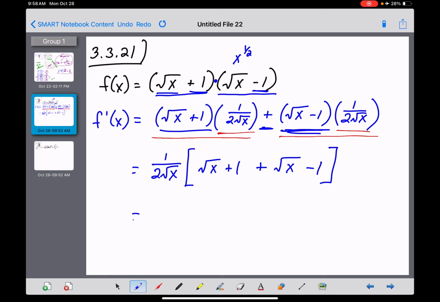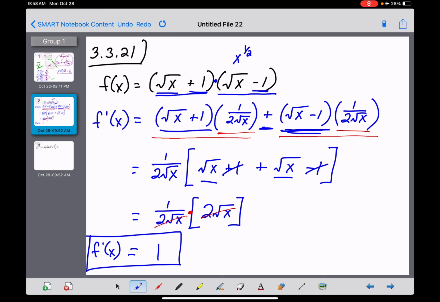Okay, so now what I hope we notice is that inside those brackets, the plus 1 and the minus 1 cancel each other out, and we end up with a 1 over 2 root x, and then multiplied by root x plus root x is going to be 2 root x. And that's interesting now, because what I notice here is that my fraction's denominator, 2 root x, is exactly the same as what it's being multiplied by. They're just going to cancel each other out completely, and we're going to end up with our final answer here that f prime of x is equal to 1.